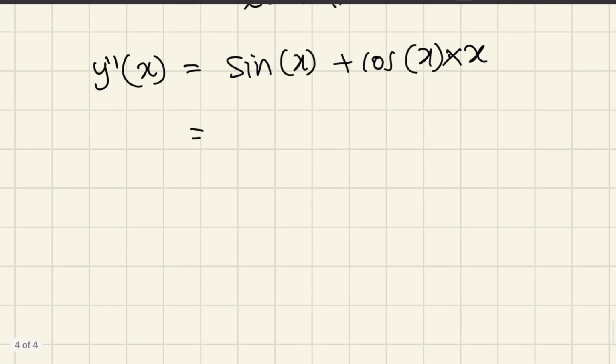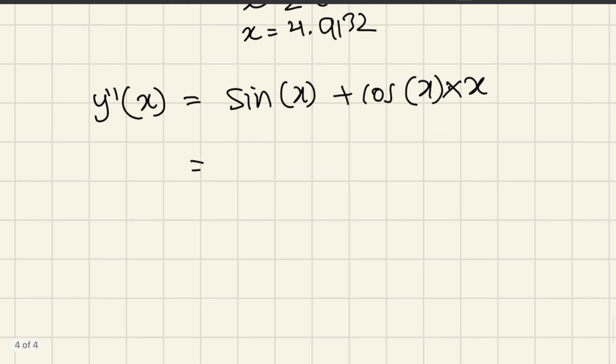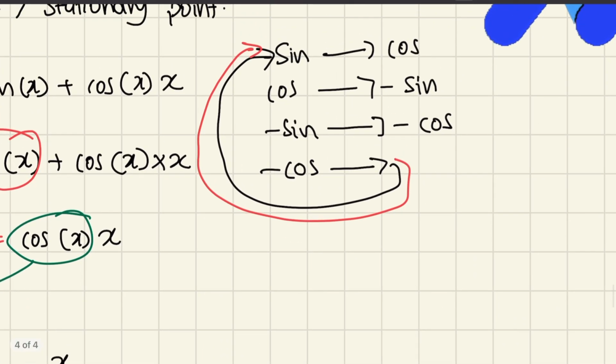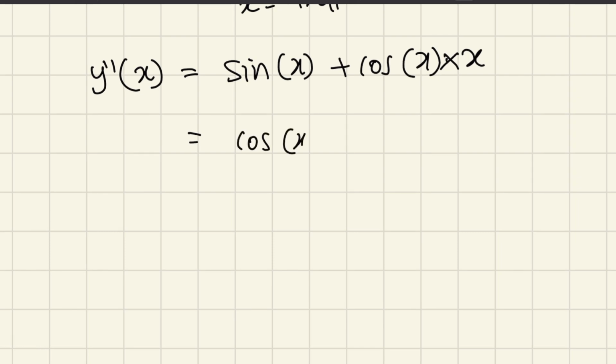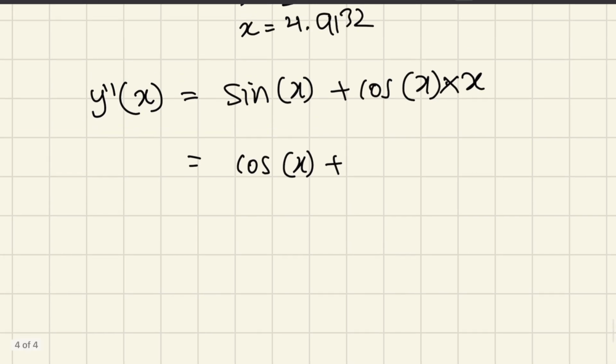So as I said before, if you differentiate sine, you get cos. So then this will become cos x plus, and then we want to differentiate this, but this in itself is a form of the product rule, so we want to do this separately.